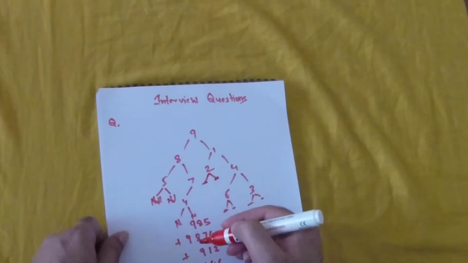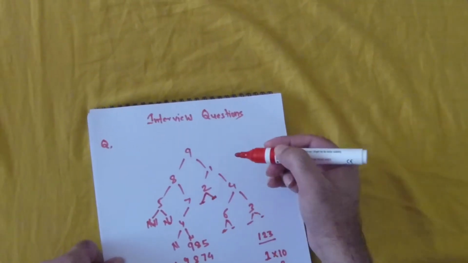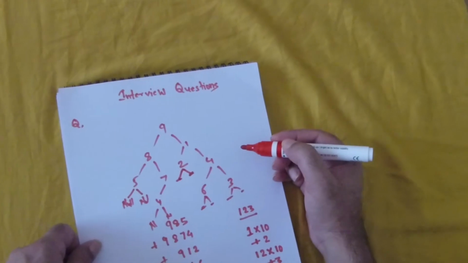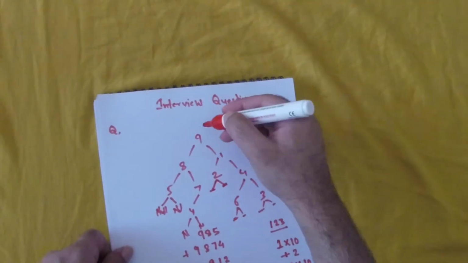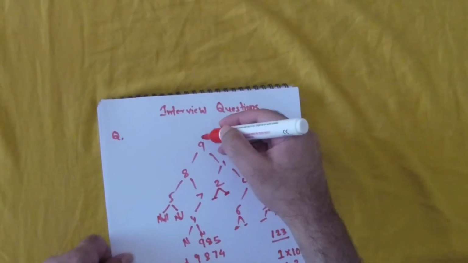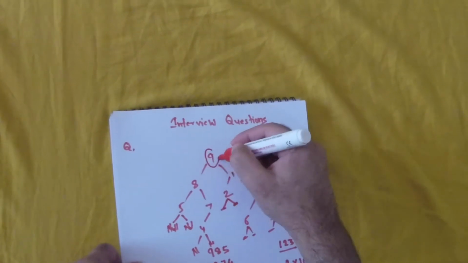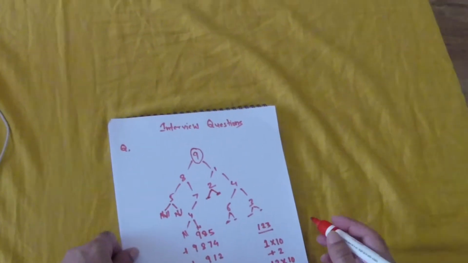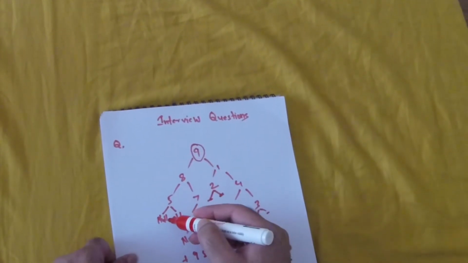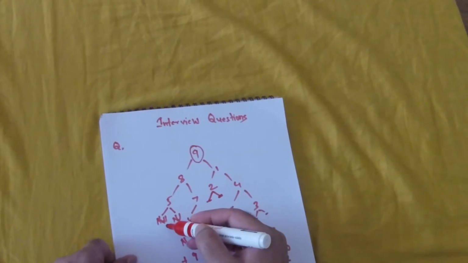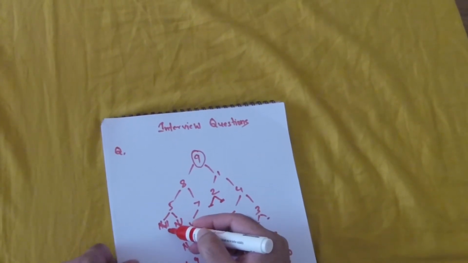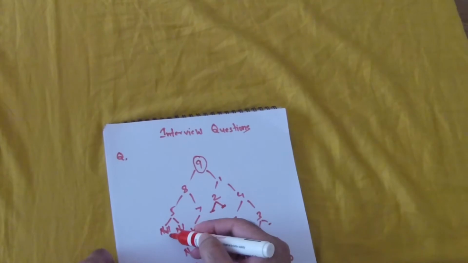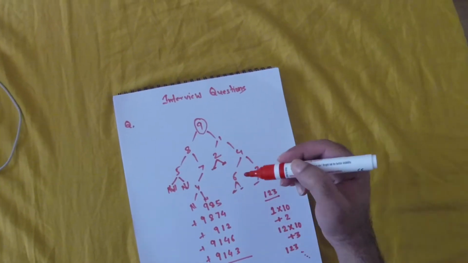And how to traverse a tree? You know in-order, pre-order, and post-order traversal. So in this case, we will start from the root node and move till we get a leaf node.